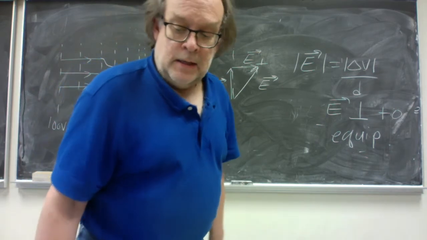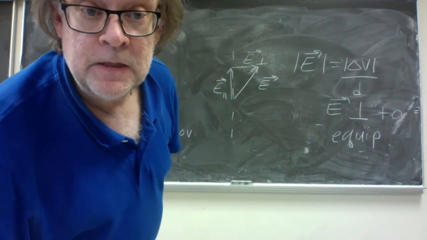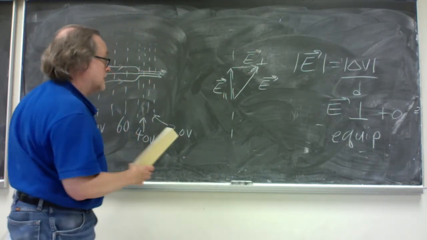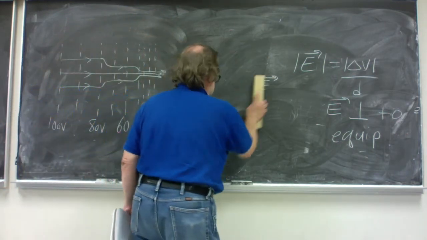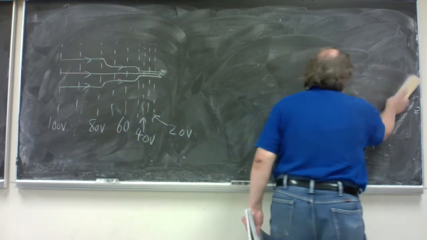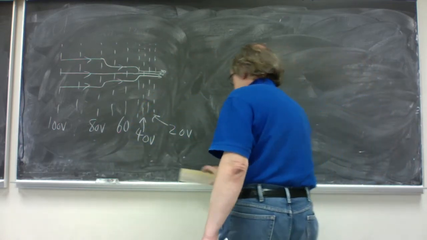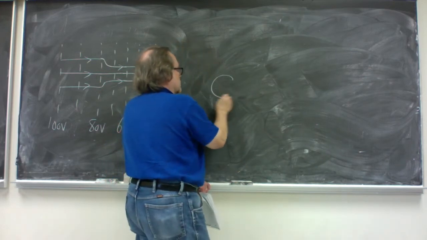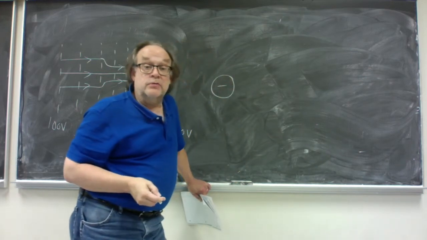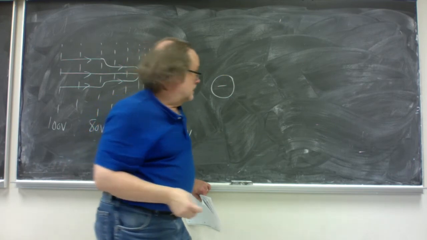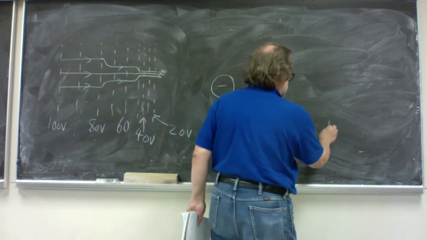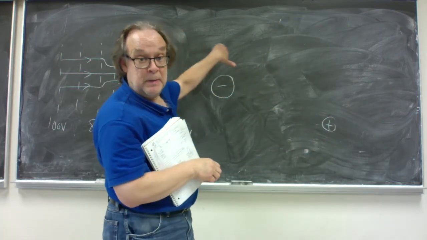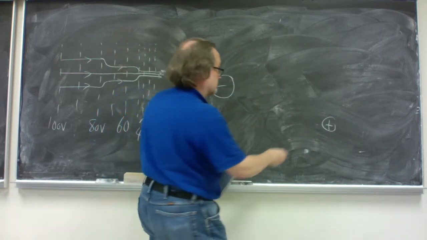So one other thing I wanted to just look at for a second. Let's say you've got here some negatively charged particle, and over here you've got a positively charged particle that's moving, passes by this negatively charged one.